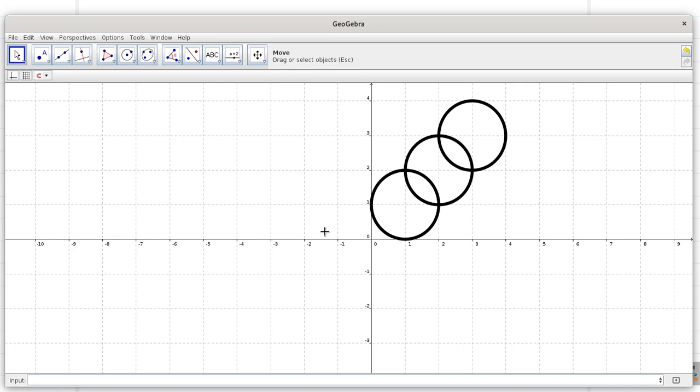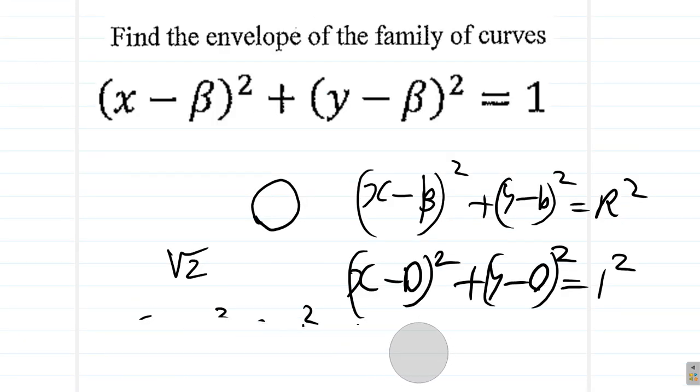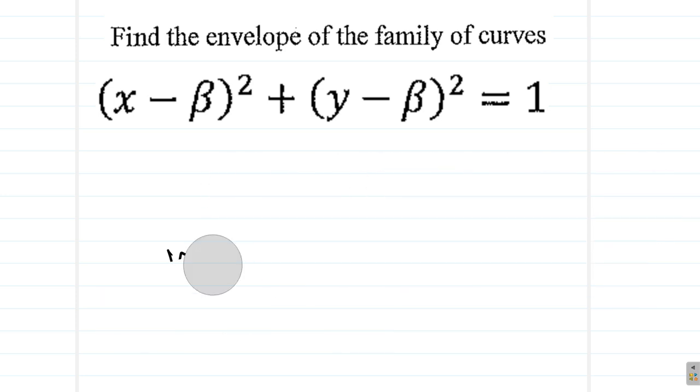Now the envelope will be straight lines that touch the circumference of these circles, right? Now, those were just reminders of the equation of a circle and so forth, right? Now, the thing is, how do we deal with this thing?